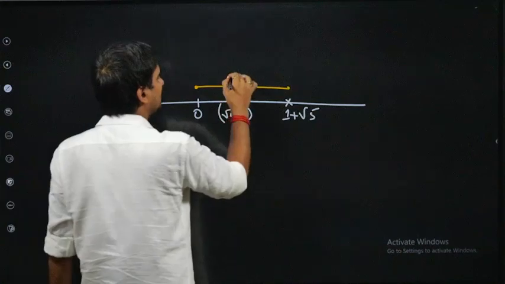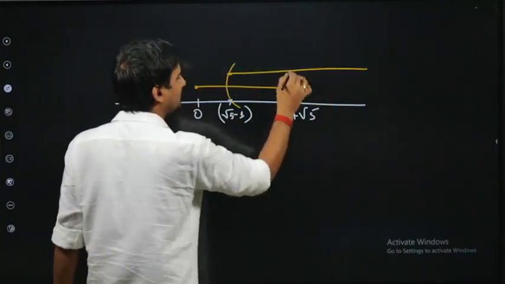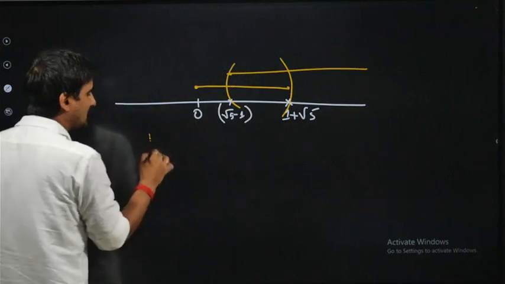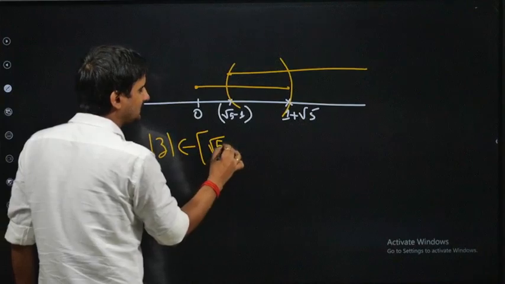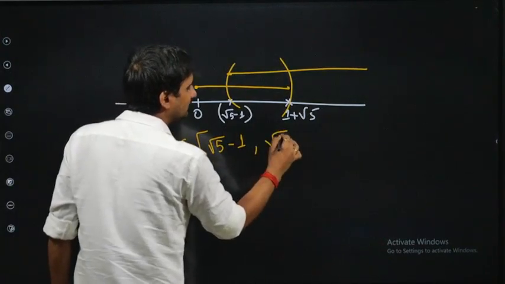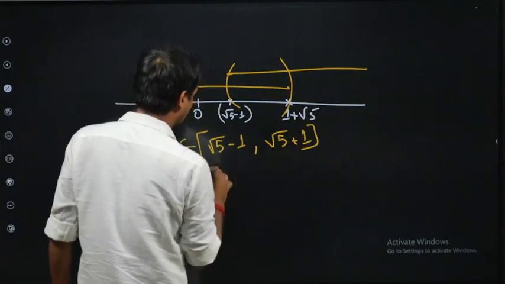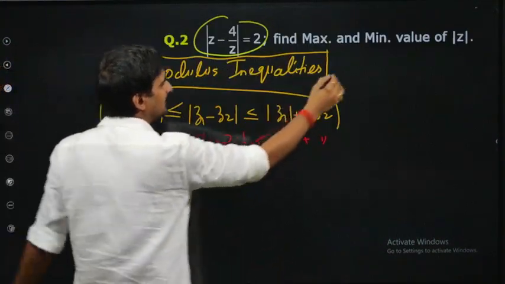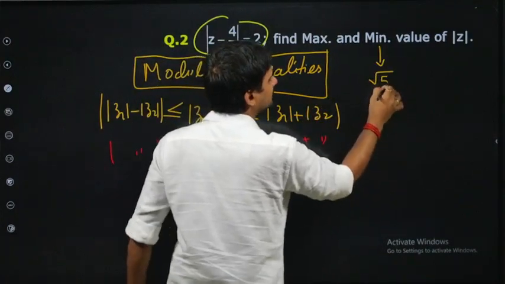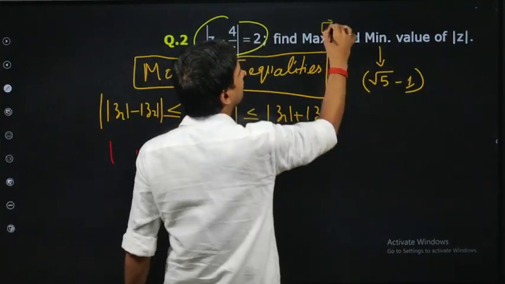The second condition is on the right side of it. So where do we have the intersection? That's the common part. So mod z belongs to root 5 minus 1, the minimum value, to root 5 plus 1, the maximum value, and that should be the answer. So the minimum is root 5 minus 1, and the maximum is root 5 plus 1.